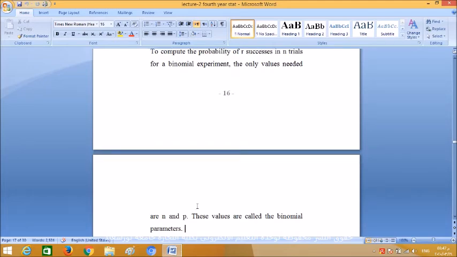So the parameters of the binomial distribution are N and P. P is the probability of success, and N is the number of trials.